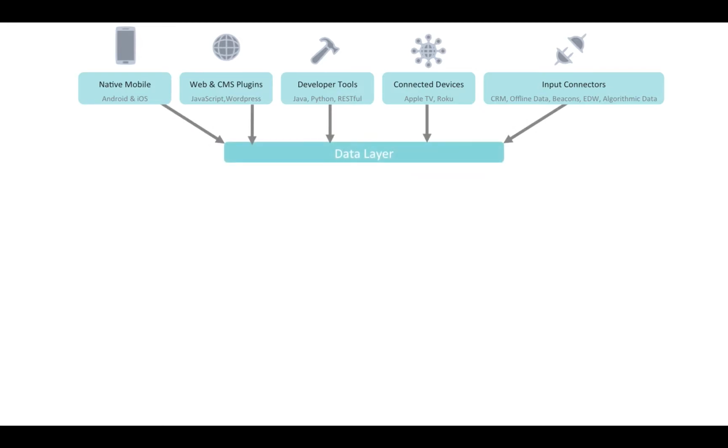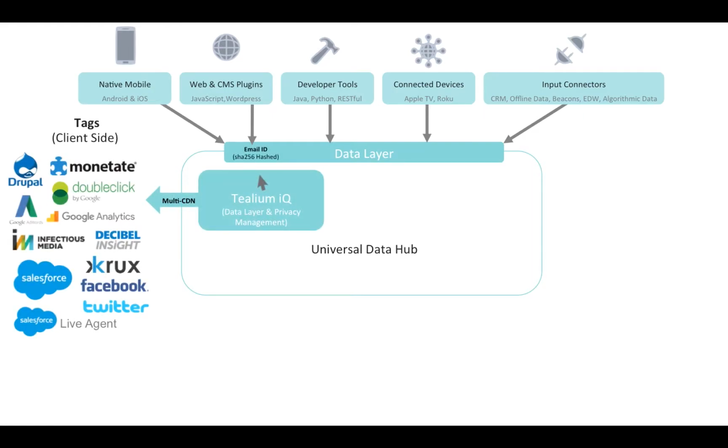What Telium can do is in real time ingest all of that data into a single data layer, which gives you a single unified view within the Universal Data Hub. Now, Eurostar use online a hashed email ID, SHA-256, and that's something that we provide and we support as well.